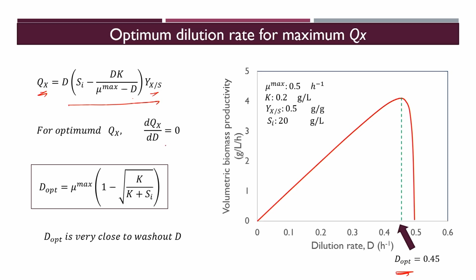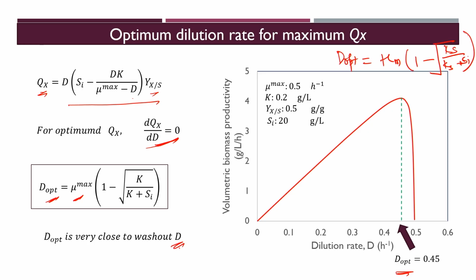If you want to find the maxima, you have to set dQx upon dD as 0, and if I differentiate it and put at 0, we will get D optimum as mu max (1 minus under root Ks divided by (Ks plus Si)).